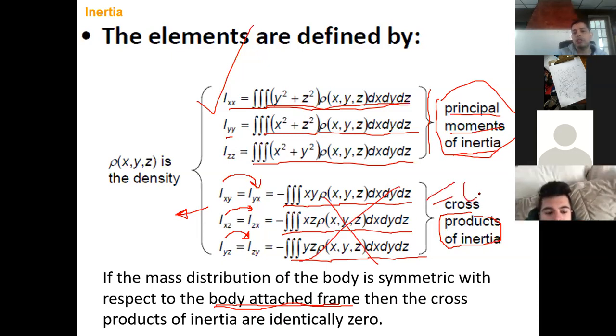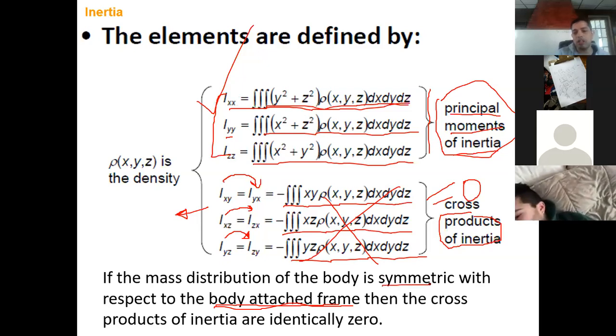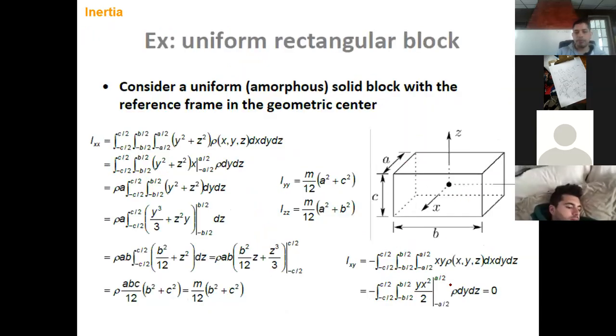That's the good news. You end up calculating just these 3 now. But first of all, you have to make sure it is symmetric, otherwise that doesn't happen.